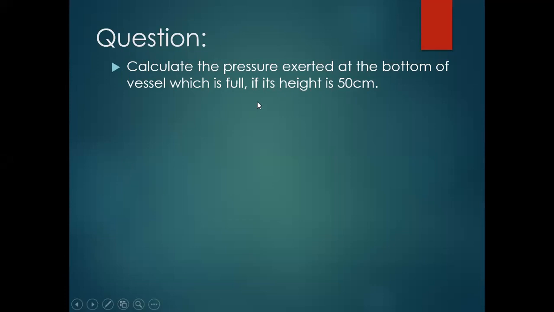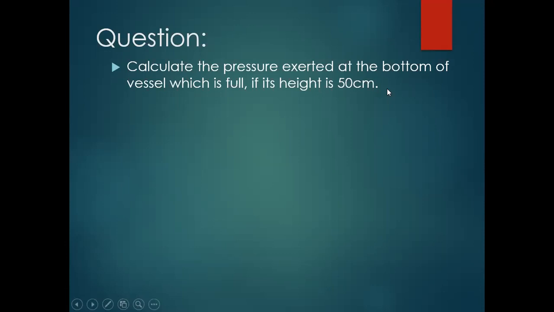Calculate the pressure exerted at the bottom of the vessel, which is full, and the height or depth of the liquid is 50 centimeter. A vessel consists of liquid up to the height of 50 centimeter. It means that it is filled up. Then how can you calculate the liquid pressure over there?